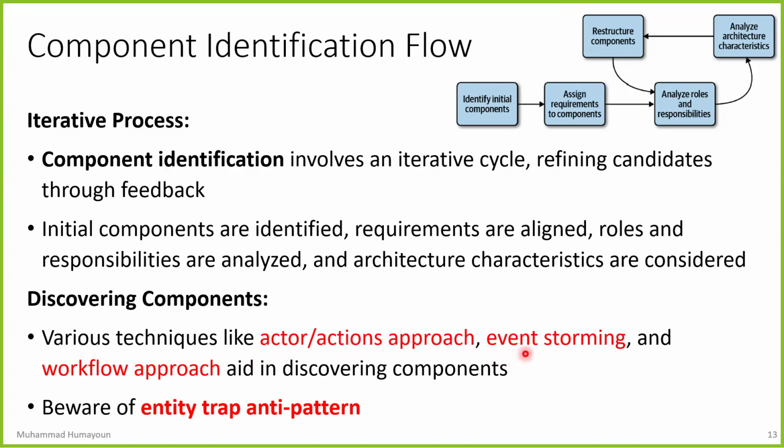The second one is called event storming. And the third one is called the workflow approach. So through one of these approaches, you can discover your initial components, and then you do the whole process. It's an iterative process. And the idea is that with discussions with your colleagues, you improve your design.